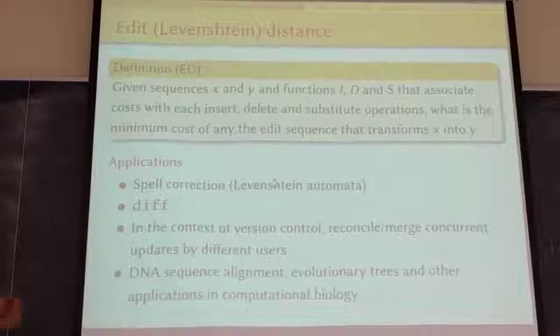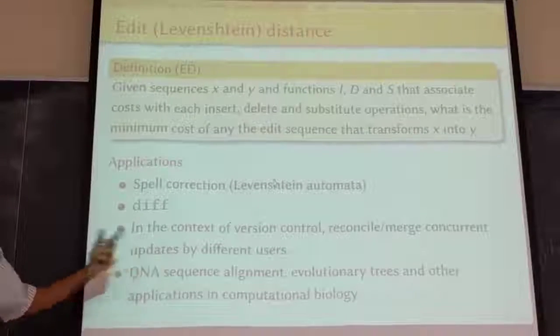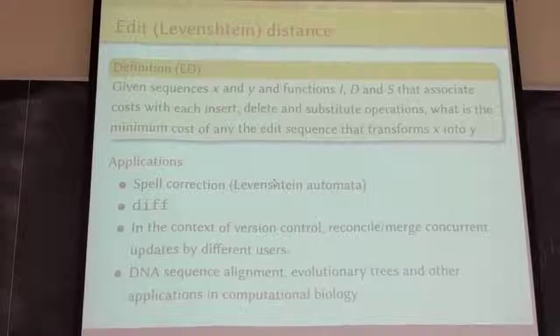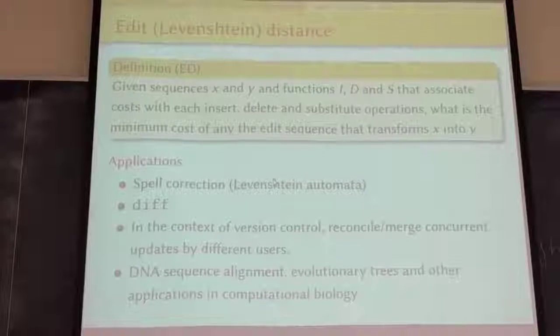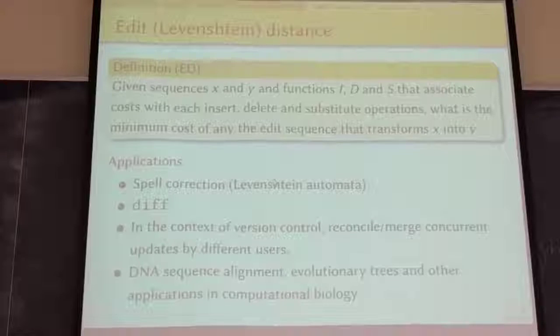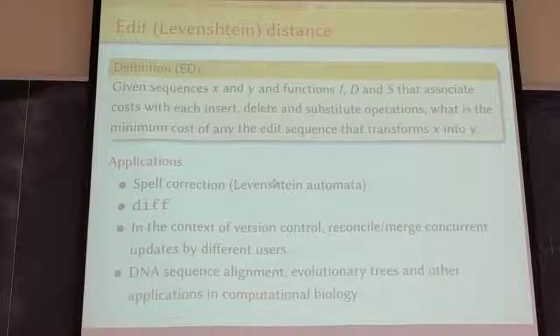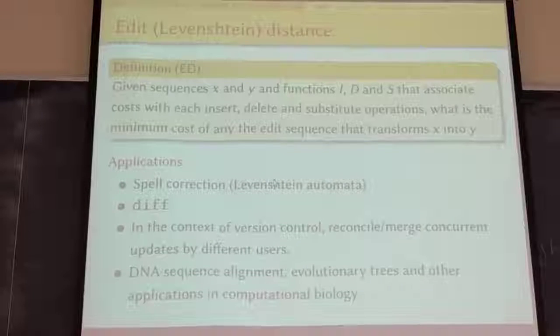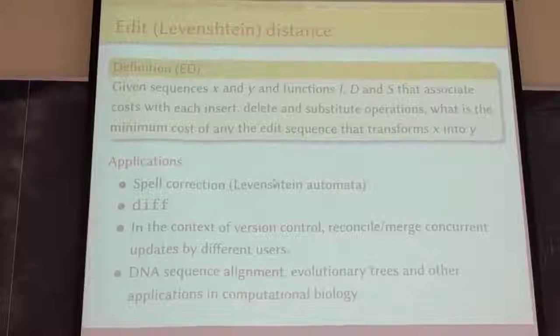It also has a lot of use in understanding DNA, for instance, if you want to construct an evolutionary tree. You have a bunch of species, and you want to say which species evolved from which other species. What you can do is take their DNA and represent it as a very long string, and then compute the edit distance between the DNA of every pair of species.